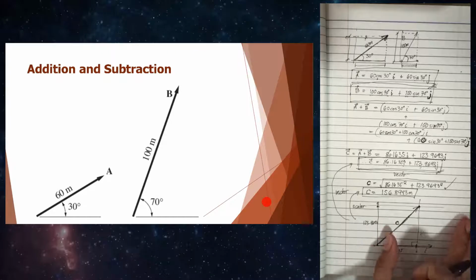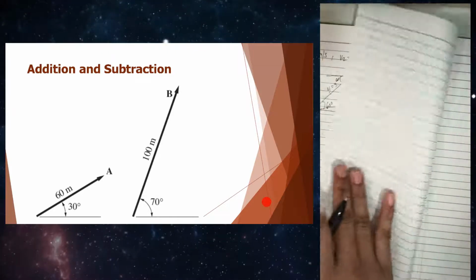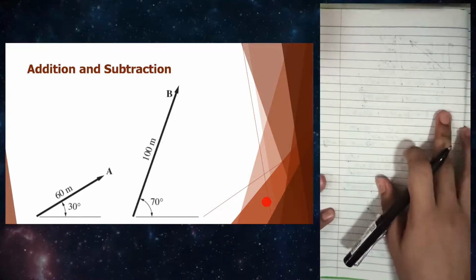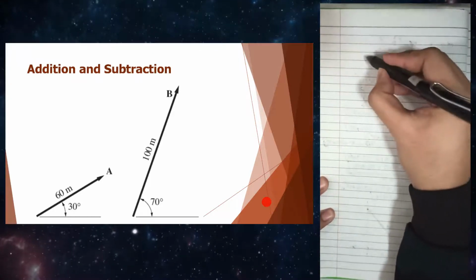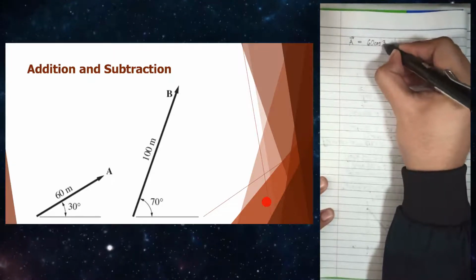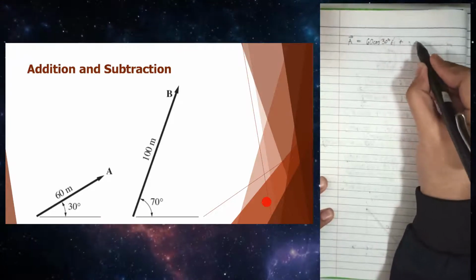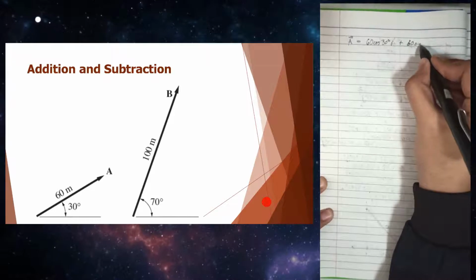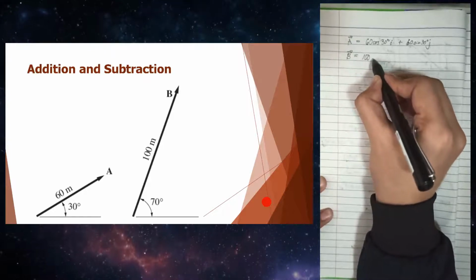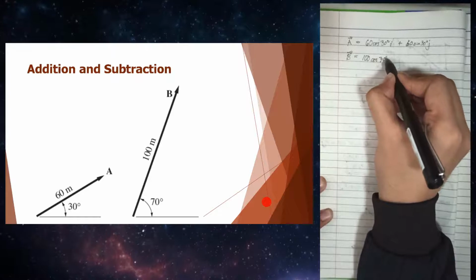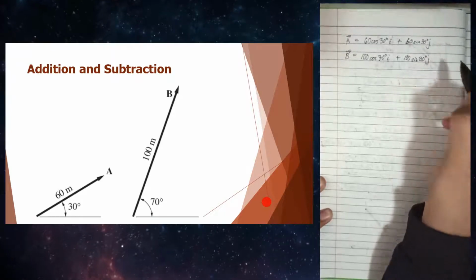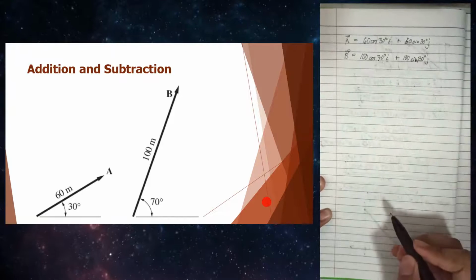Now, on the same problem, paano naman kapag iso-subtract natin? Pag magso-subtract naman tayo, ganun din, alam natin na the vector A is equal to 60 cosine 30 degrees I plus 60 sine 30 degrees J, and B is equal to 100 cosine 70 degrees I plus 100 sine 70 degrees J. Okay?